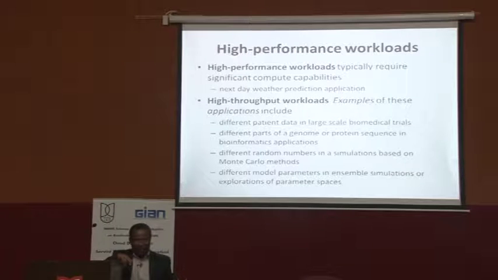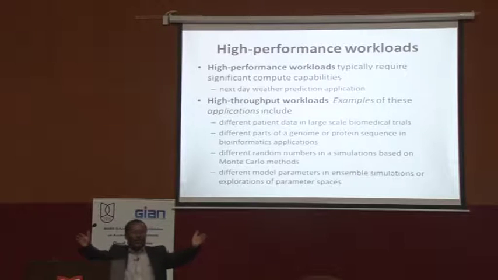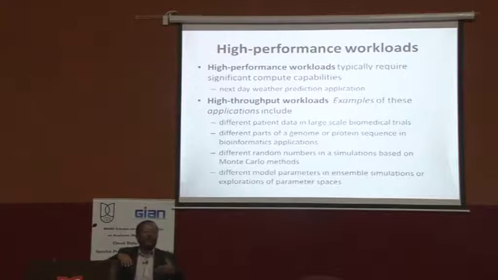Different parts of genome or protein sequencing in bioinformatics applications, different random numbers in simulations, different model parameters in sample simulations or explorations of parameter space. With the parameter space you want to explore, you start with small, and then you increase the space.